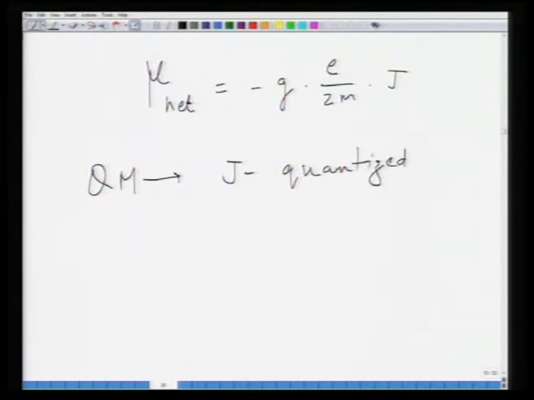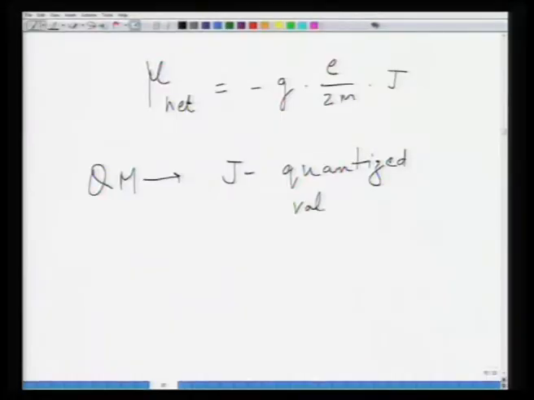which is the angular momentum for both the electron spinning around its own axis as well as rotating in the orbit. Now according to quantum mechanics, this J cannot take any value, it takes specific values which are called quantized values.